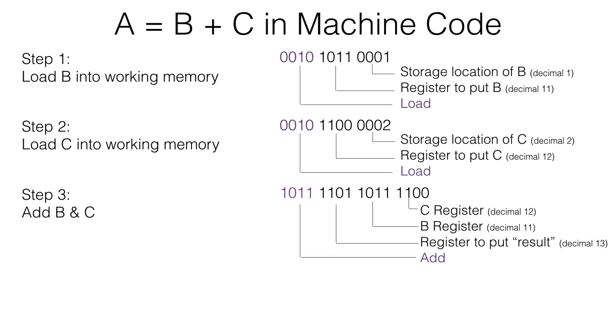And I'm saying that that is register 13. The third and the fourth series of bits is where I'm pulling the data from. Within my, if my being the CPU, within my working memory, which are my registers. So I take register 11, I take register 12, I add them together, and then I put the result into register 13. That's my add instruction.